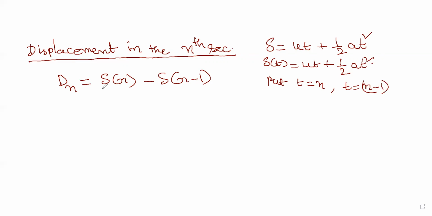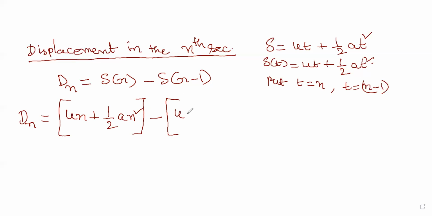So you can write Dn is equal to Sn, which is un plus half an², minus u into (n minus 1) plus half a into (n minus 1) whole square.